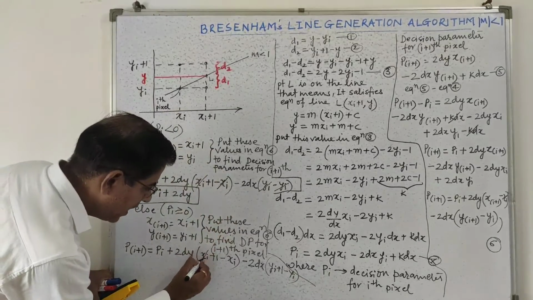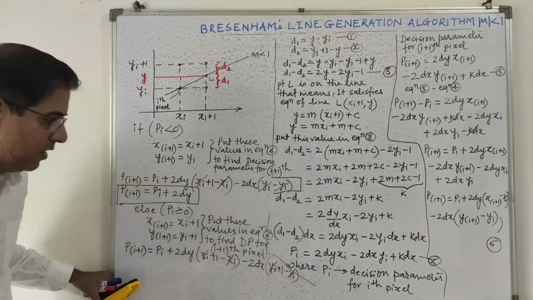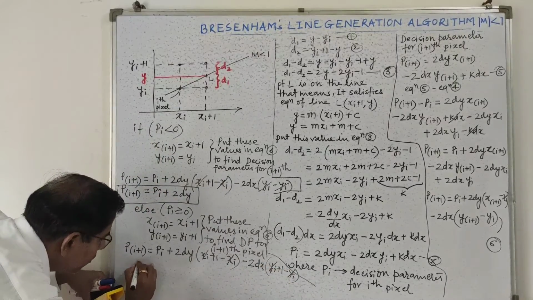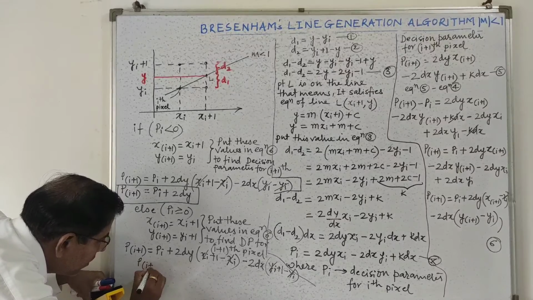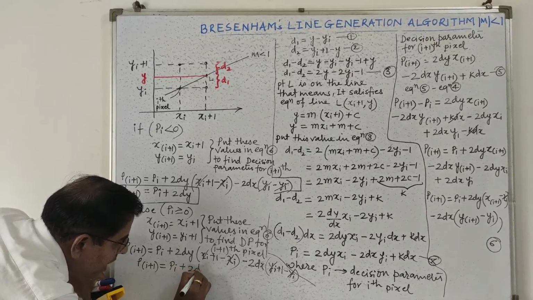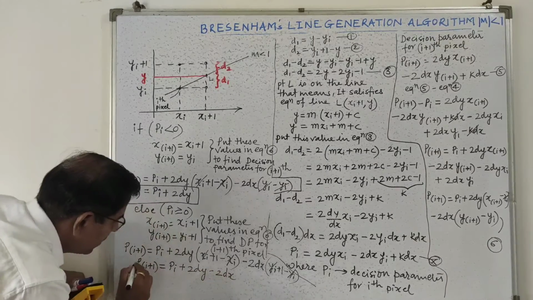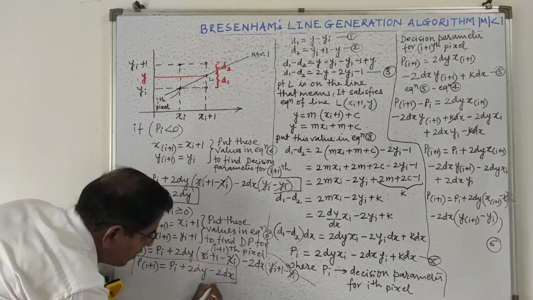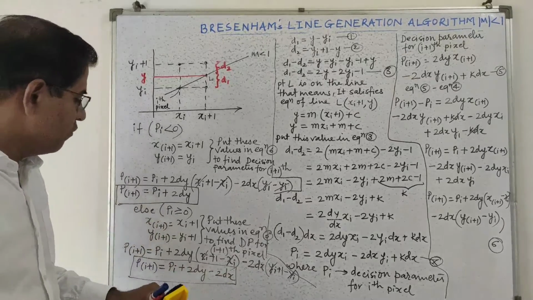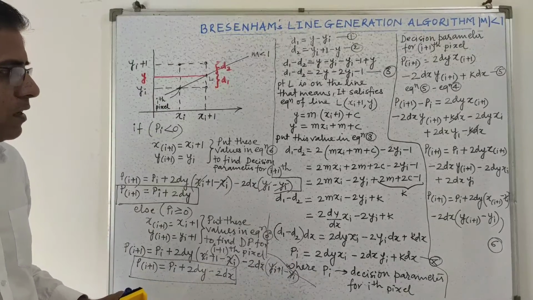So this xi gets cancelled, yi gets cancelled. What is remaining? pi plus 1 is equal to pi plus 2 dy minus 2 dx. So this is the decision parameter for the i plus 1 pixel.